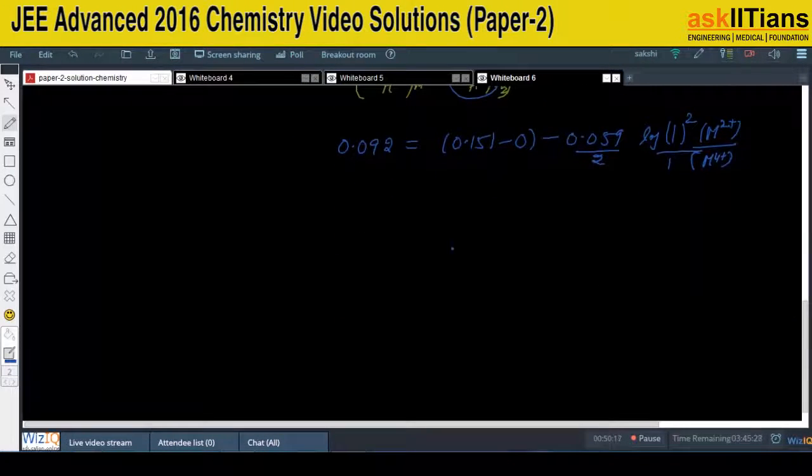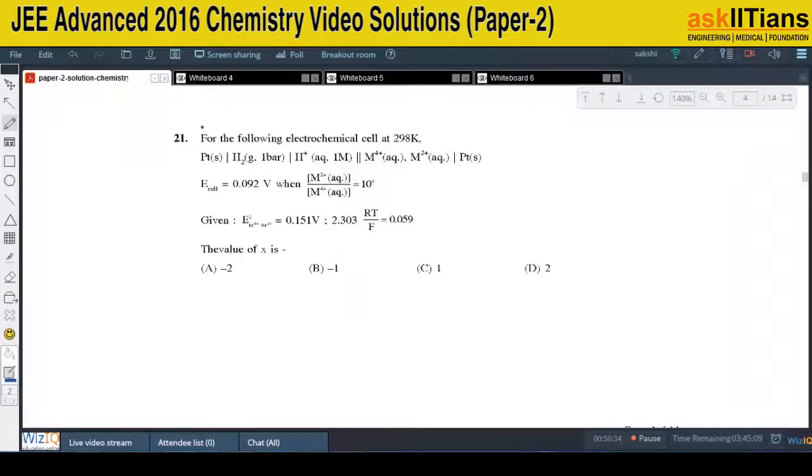If you solve this, since I solved it a minute before, I got the answer: M2 plus divided by M plus 4 is coming out to be 10 raised to the power 2, and in the question it is given as 10 raised to the power x. So you can very nicely say that the value of x is 2. The options are minus 2, minus 1, 1 and 2. So D will be the correct option for this particular question.